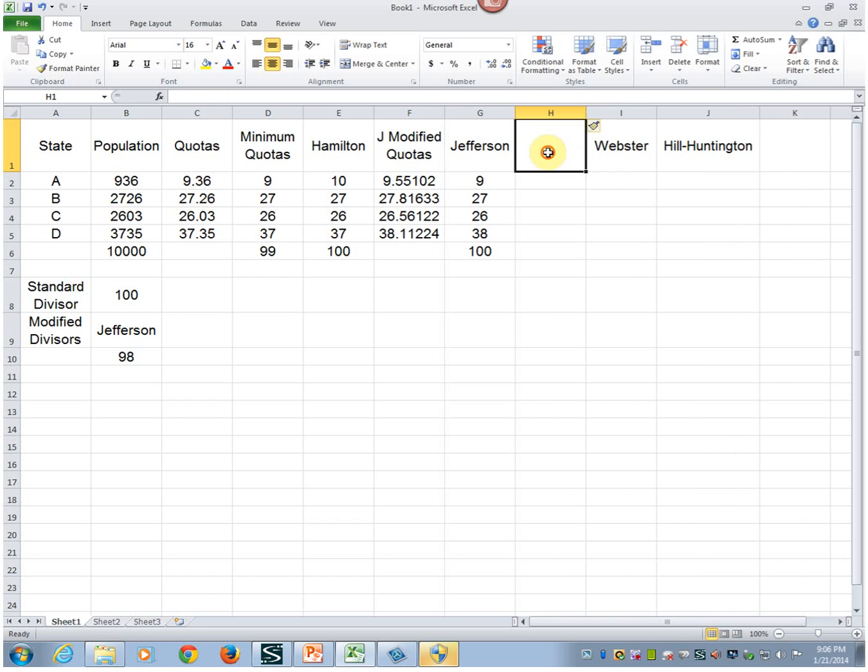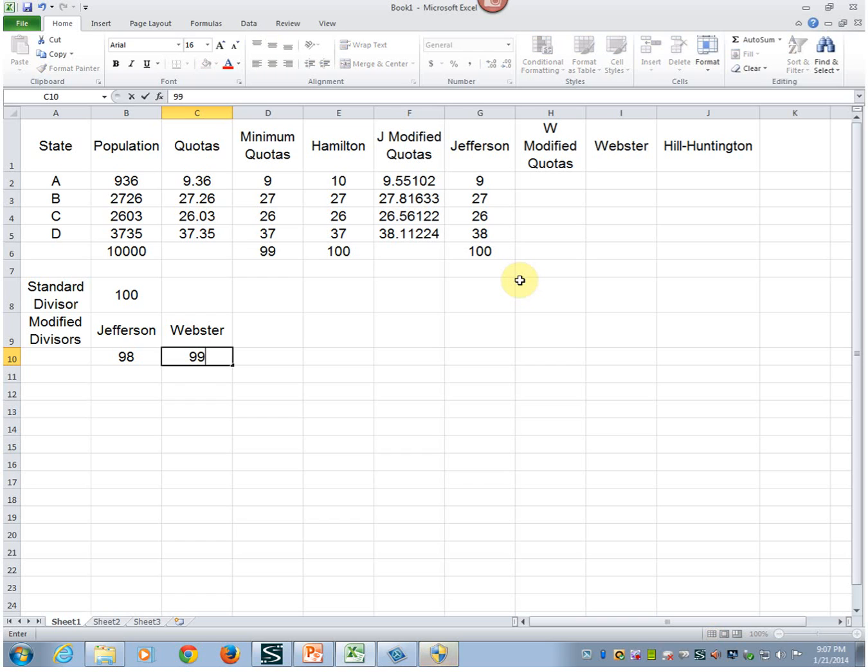Okay, so Webster rounds based on the arithmetic mean. And we can tell by looking here, this is 9, 27, 26, 37, which we already know is not going to work. We're going to be one seat short.